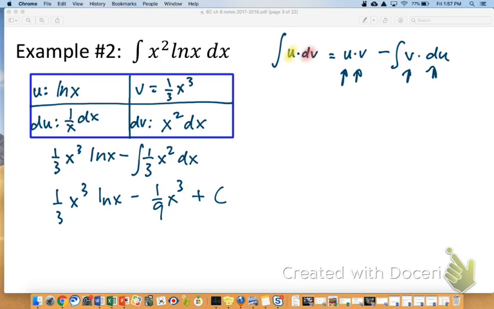That's the pattern. Does that make sense? Look at the transcendental. That'll tell you what you need to know. If the transcendental is not a log, then make the polynomial your u. If the transcendental is a logarithm, then you make your logarithm the u.